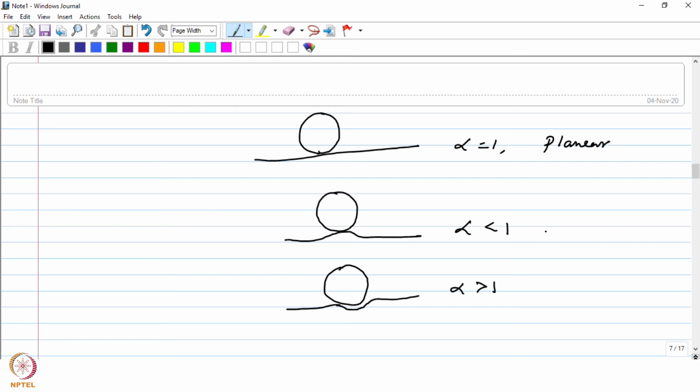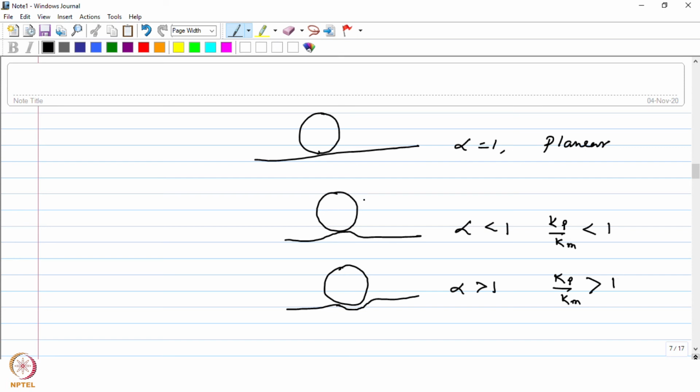Right, so this is for a scenario where the thermal conductivity of the particles is lower than that of the matrix, and this is for a scenario when the thermal conductivity of the particles is higher than the matrix.